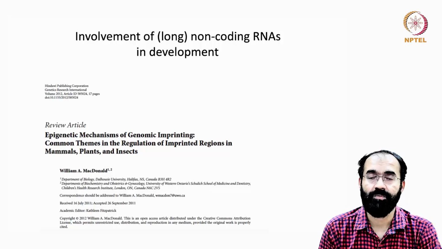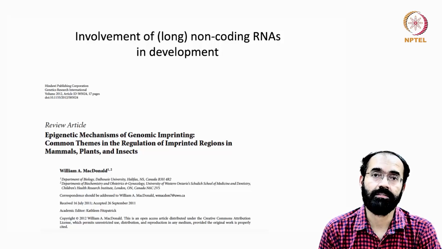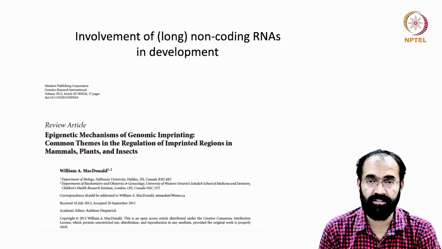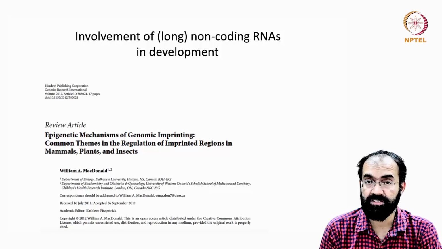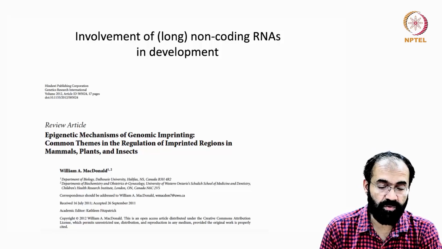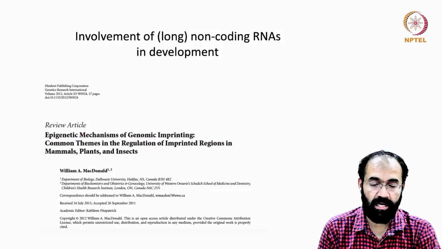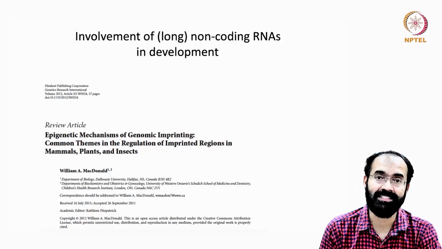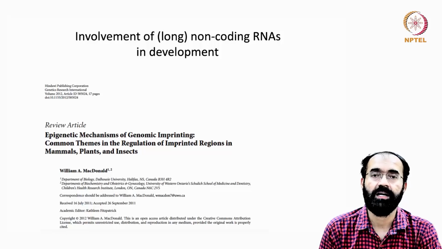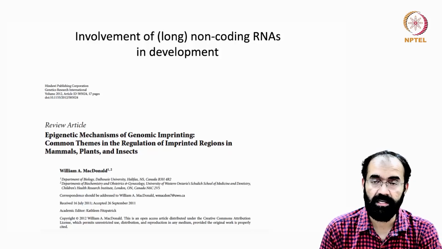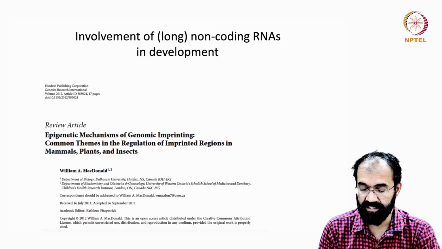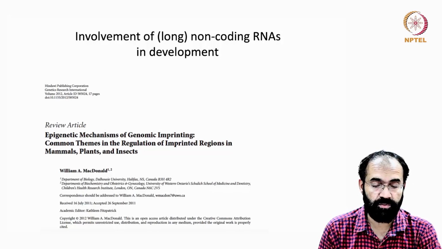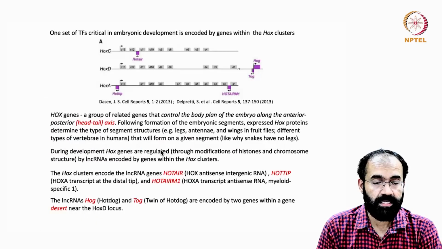It's well described and quite loaded with information, and this review will be quite useful because it also covers a lot of model organisms: mammals, plants, insects, etc. It's quite an informative review article, so that's why I'm putting the reference here. It would be quite useful to go through it.